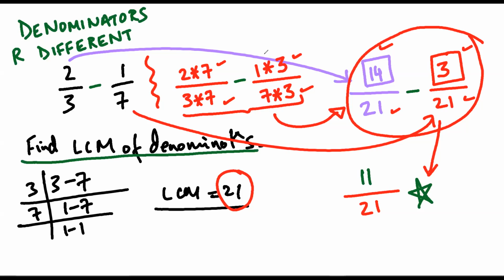Then you need to write the equivalent fraction so that the denominators of the two fractions are same. Once you have made the denominator same by writing the equivalent fractions, rest is easy.